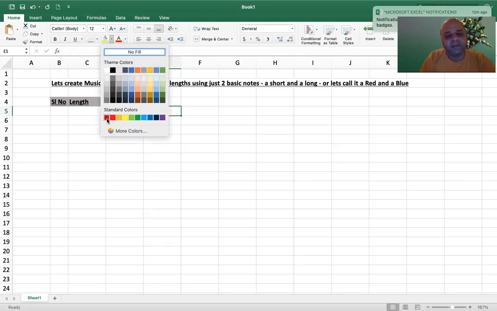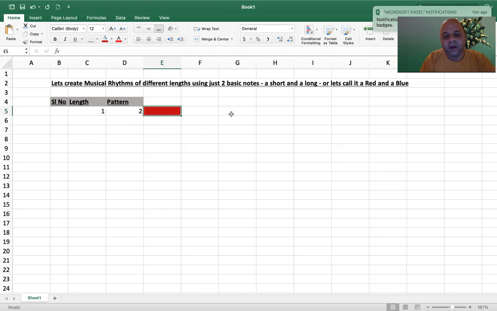We'll give the color brown to one note, and blue to the other; maybe blue is long and brown is short. You can have one pattern which is just the brown note, or red as I'll call it, and you keep repeating it. Or you take the longer one and keep repeating it. So the total patterns you get is two.